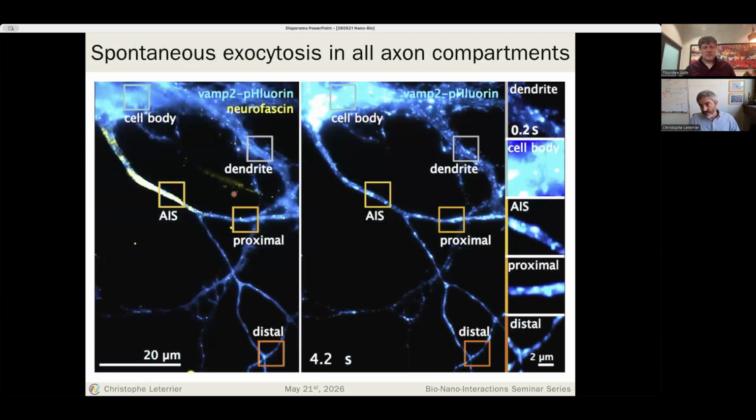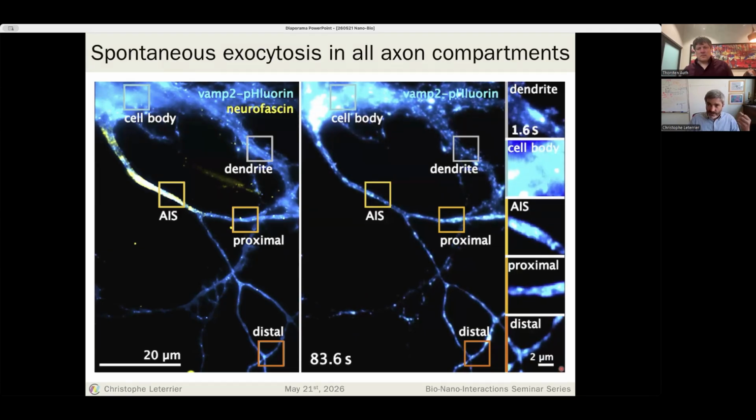And Teresa started mapping all the exocytic events along axons using these synaptofluorin constructs, labeling whether they were at the initial segment, along the proximal axon or the distal axon, and comparing them to the cell body and dendrites. You see a single movie where you have these events at each of these compartments. Here you see these flashes. In the cell body, you have a lot more basal fluorescence, so it's more difficult to see, but you see them.